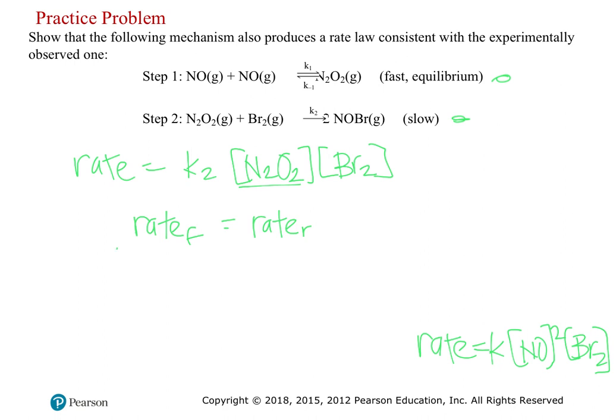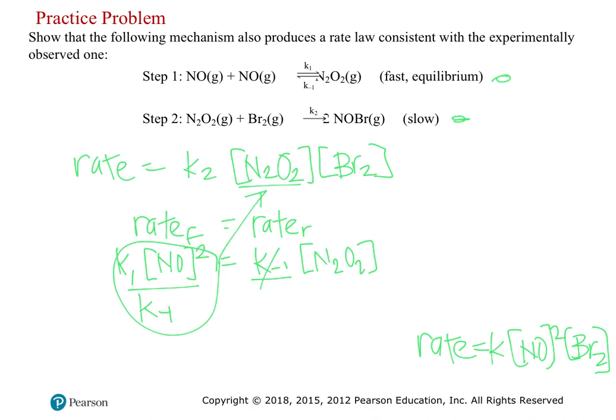So we have K1 times nitrogen monoxide squared equals K negative 1 times the dinitrogen dioxide. Then we're going to solve for the intermediate since that's something we want to get rid of. So divide by K negative 1 and plug this whole thing in for that.